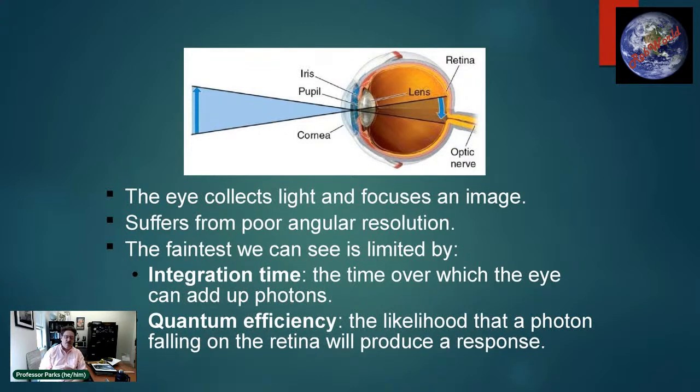The integration time for everything else that I'm going to be talking about can be adjusted anywhere from a split second, maybe a half second, to hours upon hours. It really just depends on what kind of science you want to do with that particular detector.